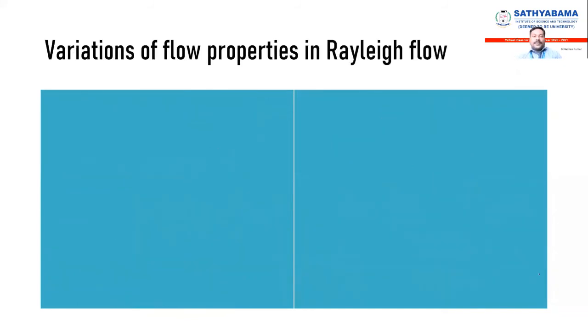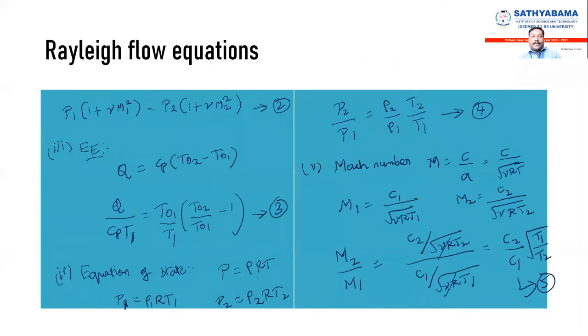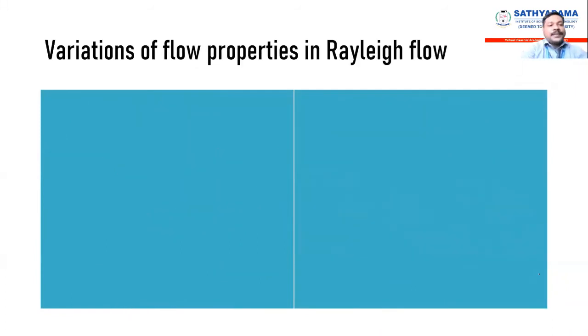Now the variation of flow properties in Rayleigh flow is found by using equation number 2. So first we are going to find the pressure ratio. How much is the pressure varying across the Rayleigh flow? First one, we are finding the pressure ratio, which is P2 by P1. So how we are going to find this P2 by P1 is, we are going with equation number 2 and rearranging this equation.